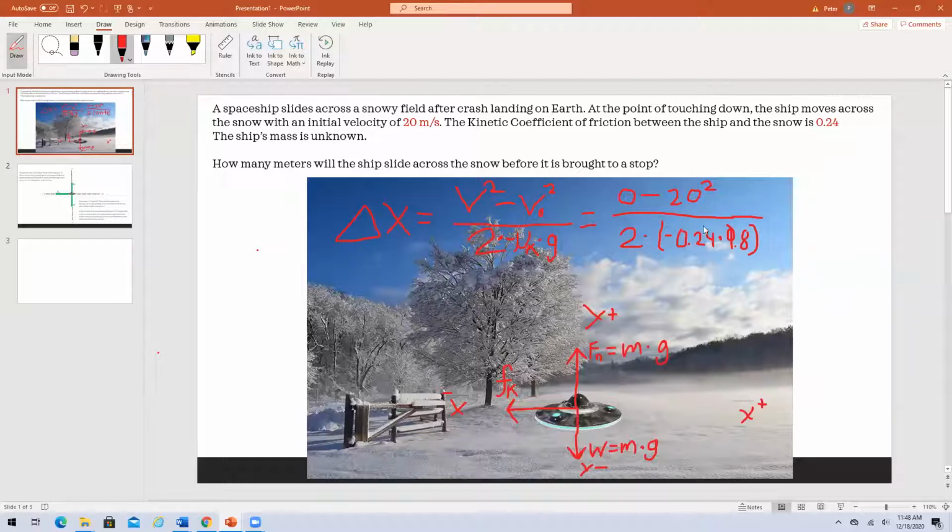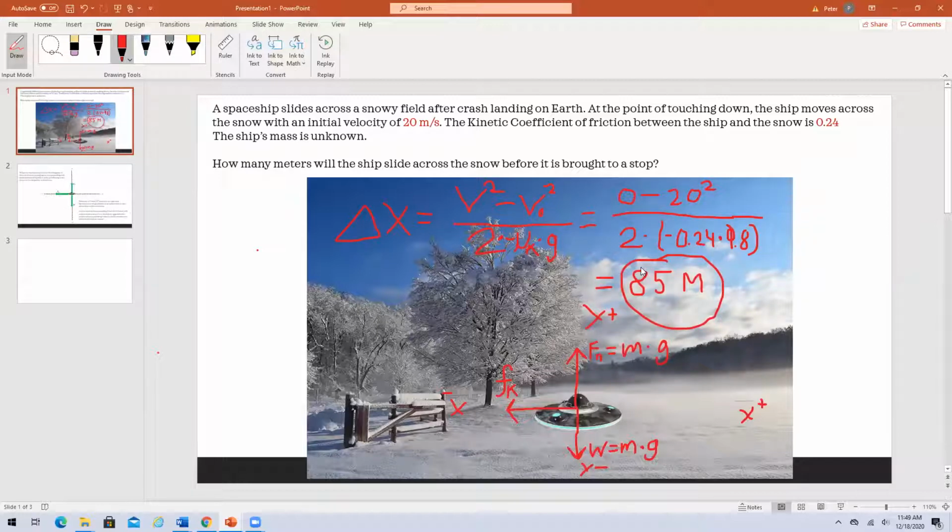Now, if you were to do this, you get negative 20 squared divided by negative 0.24 times 9.8 times 2. What you should get here is roughly 85 meters, if you round down just a little bit.